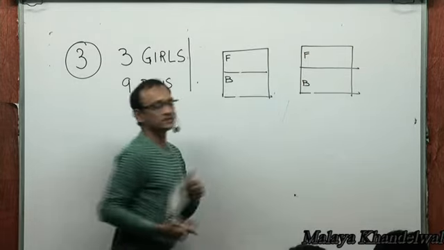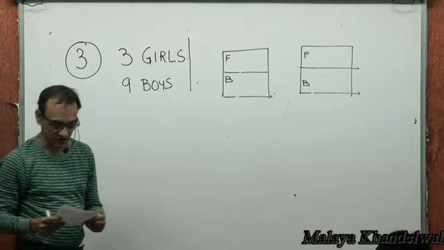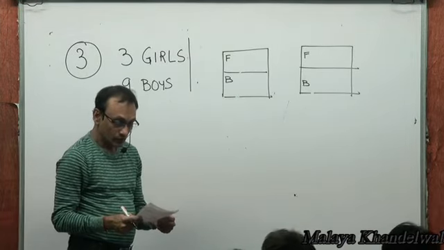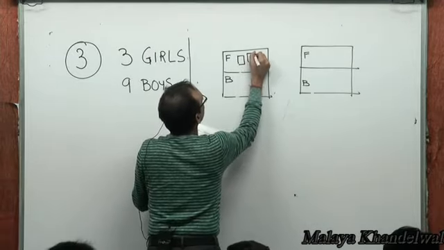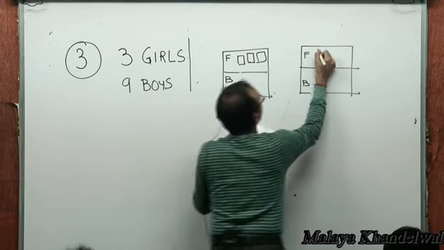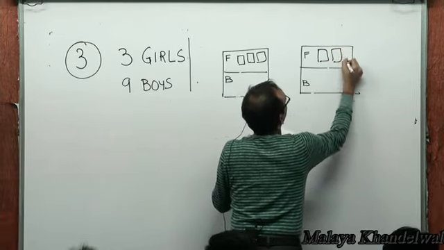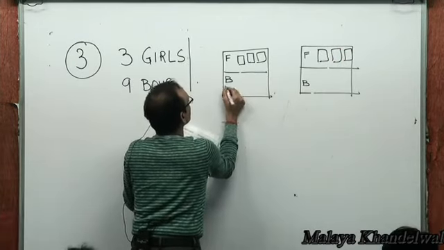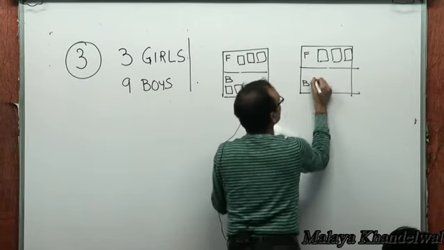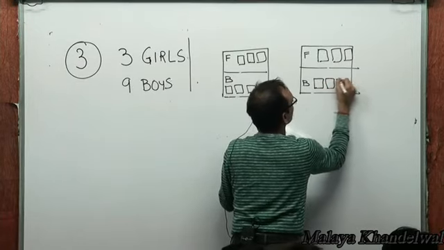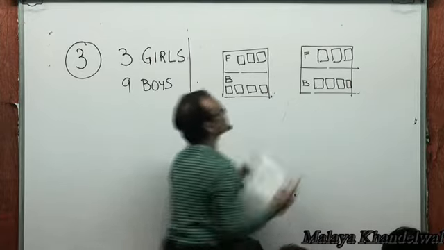There are these 2 vans, front seat, back seat, right? There are 3 seats in the front, and there are 4 seats at the back.